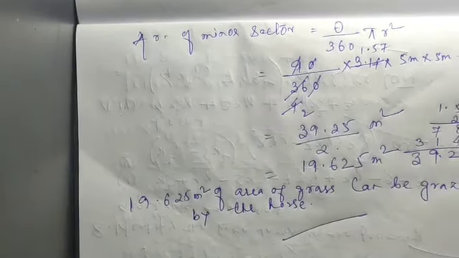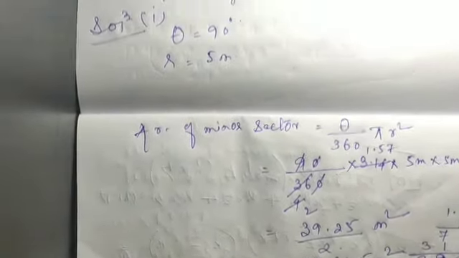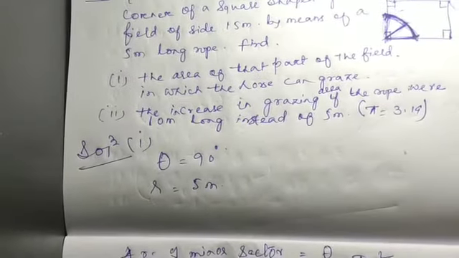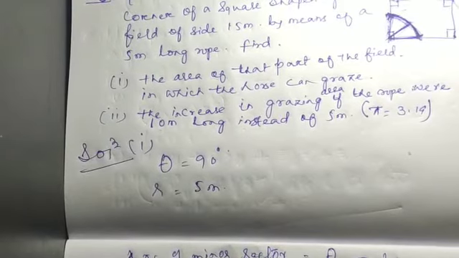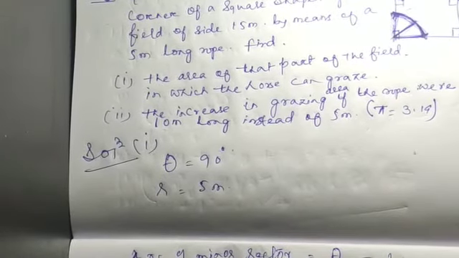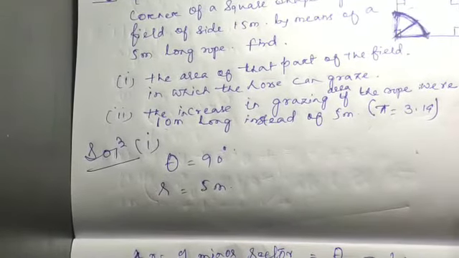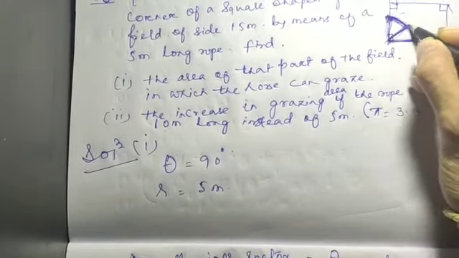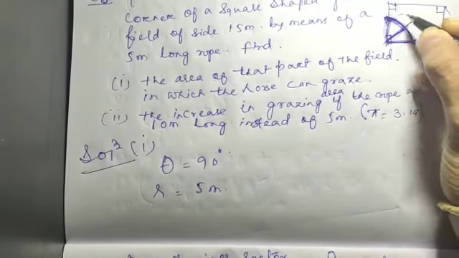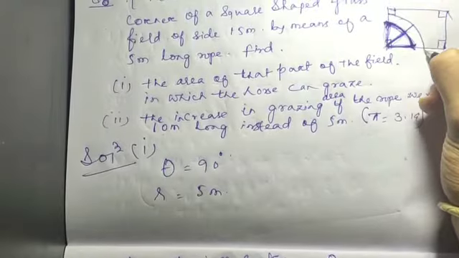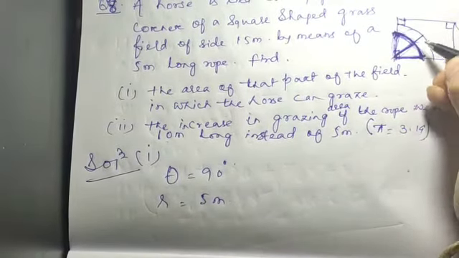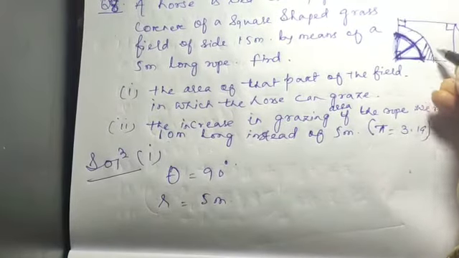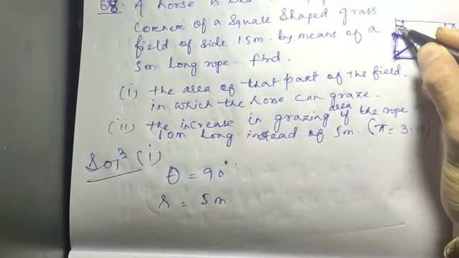This is number 1. Now number 2, what is it telling? The increase in grazing area. If the rope were 10 meter long instead of 5 meter long, what will be the difference in the grazing area? This is the 5 meter long rope. If it is 10 meter long, this much will be the area, right? So what is the increase? Can you see this portion? This is the increase in area.